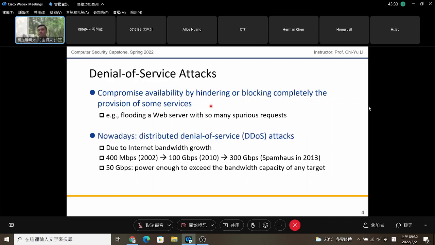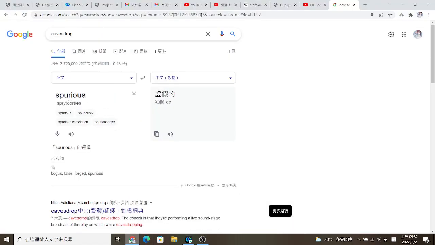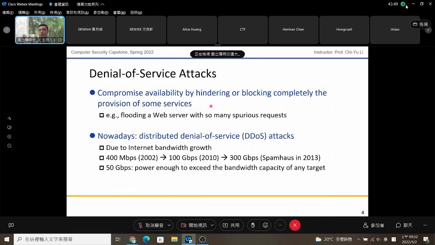So nowadays, as you know, the bandwidth is very high for all the machines and the networks. So it may be difficult for a single machine to launch a DOS attack. So nowadays, when a DOS attack is successful, most of them belong to the distributed denial of service attacks.